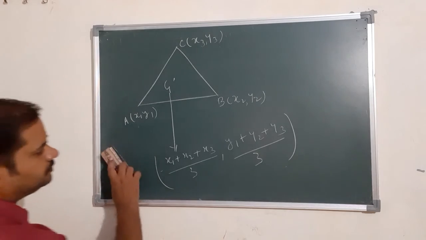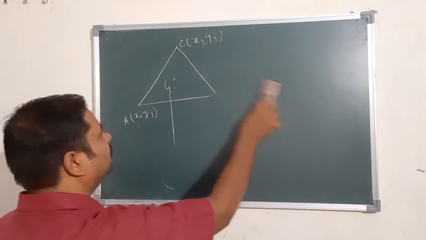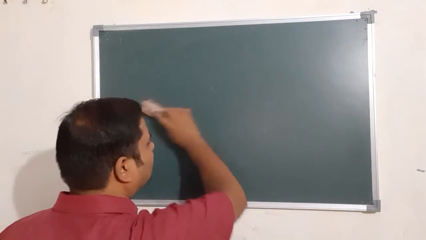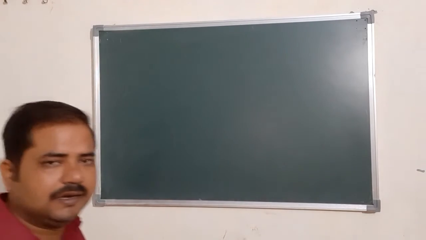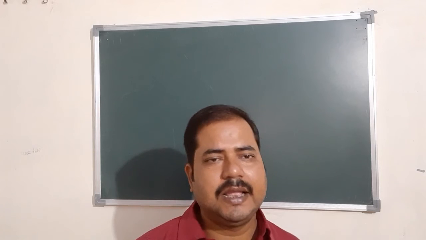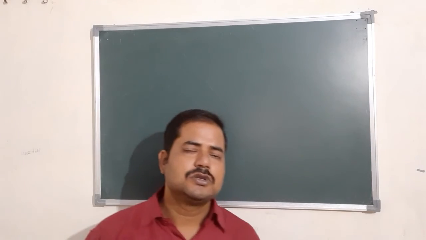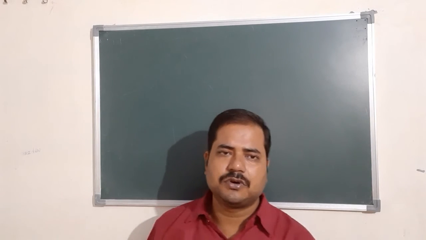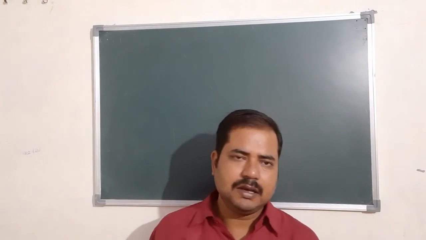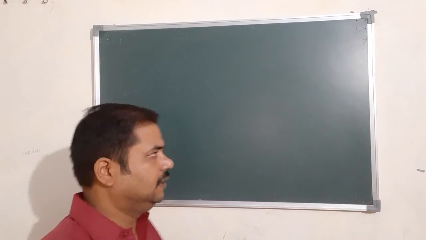Okay, now see. First of all, what is the centroid? The point of intersection of the medians of a triangle is defined as the centroid. You also know the centroid divides the median in the ratio 2:1.